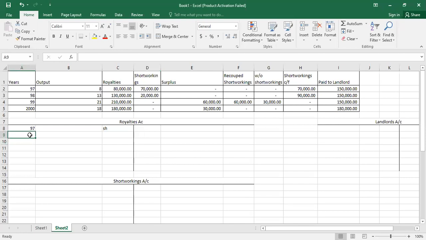We go on. Our first entry will be on 31st December. So we are supposed to debit the royalties account and credit the landlords. What amount are we doing? 150 or 80?